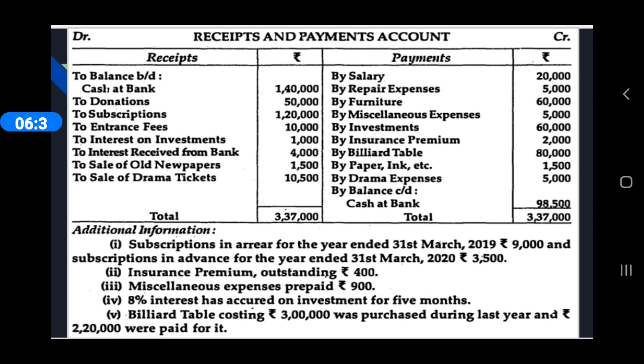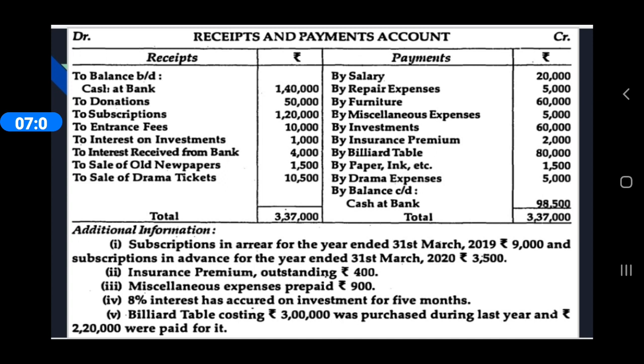At the same time, payments are things like salary, repairs, purchase of furniture, miscellaneous expenses, investments, insurance premium paid, purchase of billiards table, paper and ink, commonly called printing and stationery, and drama expense, because we have sold tickets for conducting a drama, and we have to incur some expenses for conducting it. At last, the cash in hand.